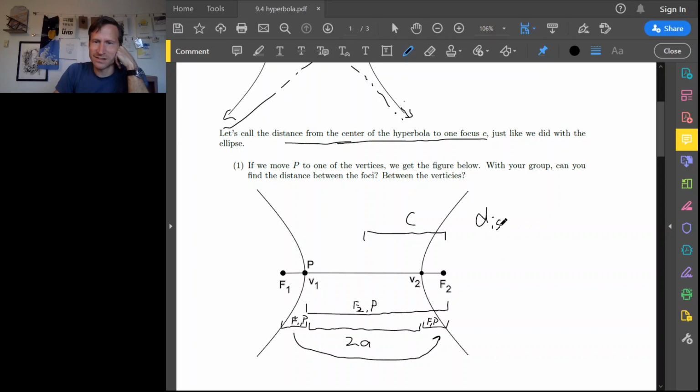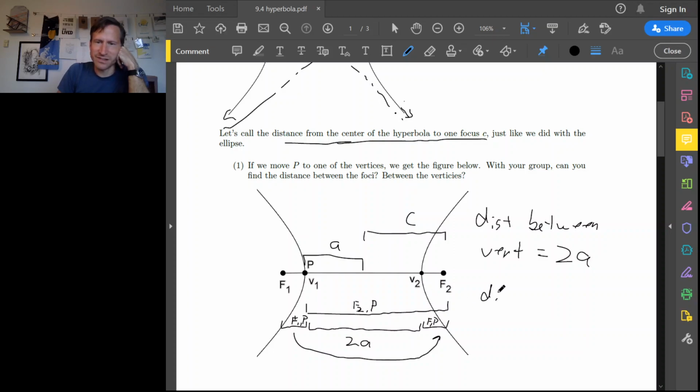So the distance between vertices is 2a. But that means the distance from the center to one of the vertices is half of that. So that's just a.